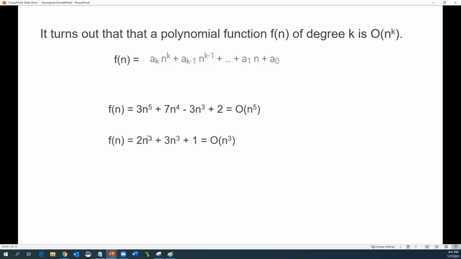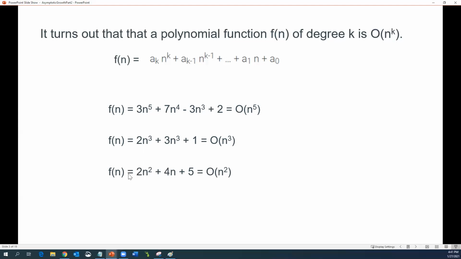And here we would say this is O of n to the third. So this is where it comes down to that very simple rule. It's not hard, but we want to understand what O means. It really comes down to this: we just get the highest degree term, get rid of the constant in front, and say it's O of that.